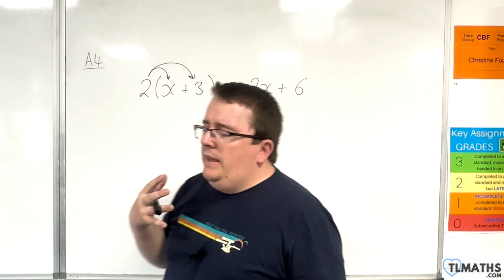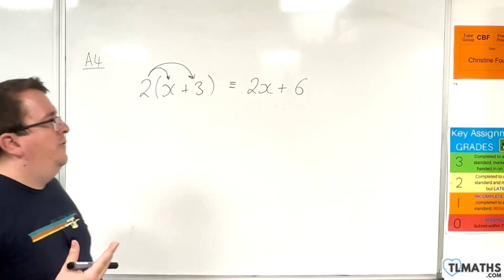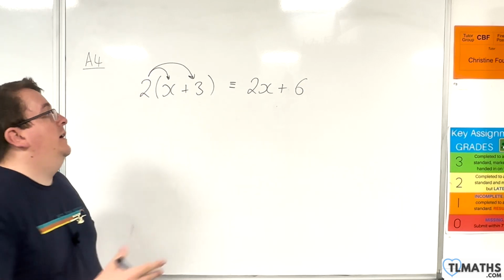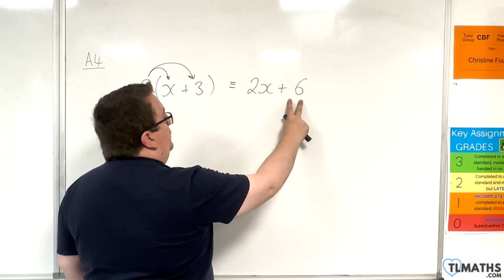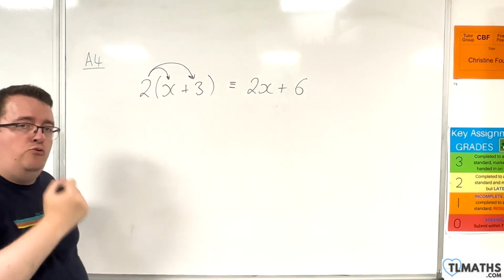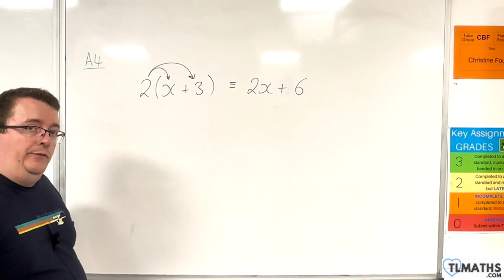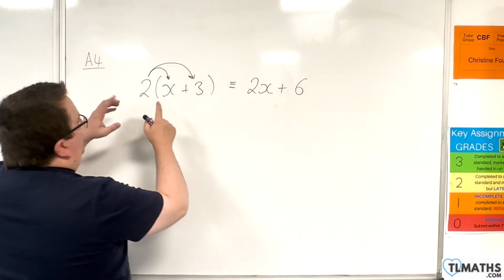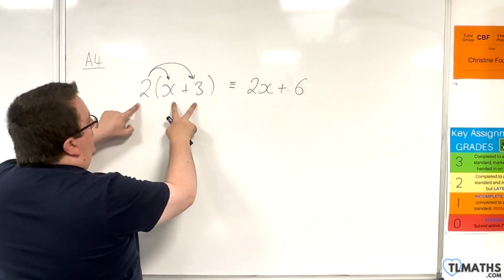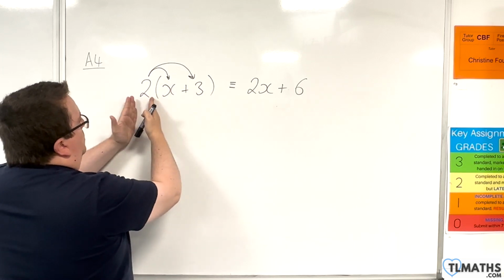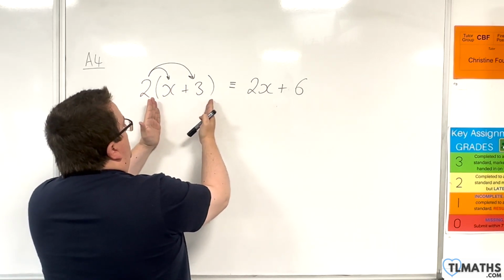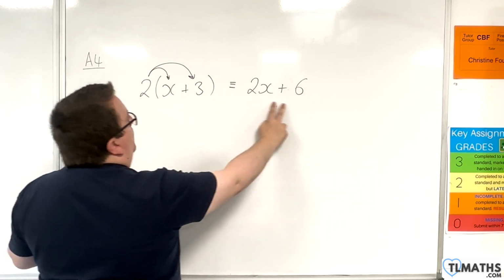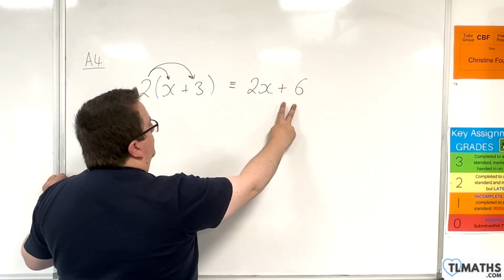But I think it's important that you understand that factorizing means writing 2x plus 6 as a product of its factors. Okay, so what we've got here is 2 terms. We've got the 2 and we've got the x plus 3. These are both factors of 2x plus 6.